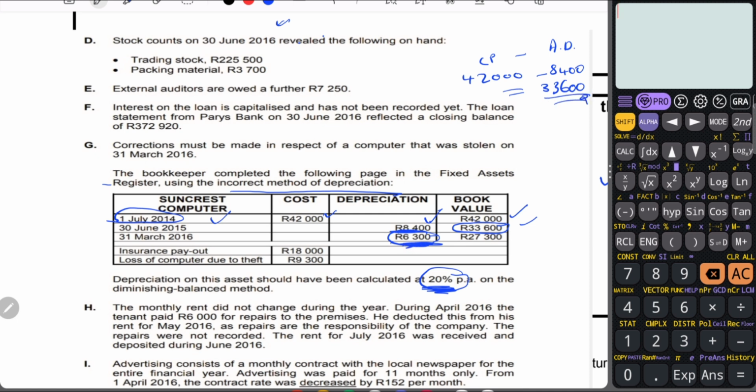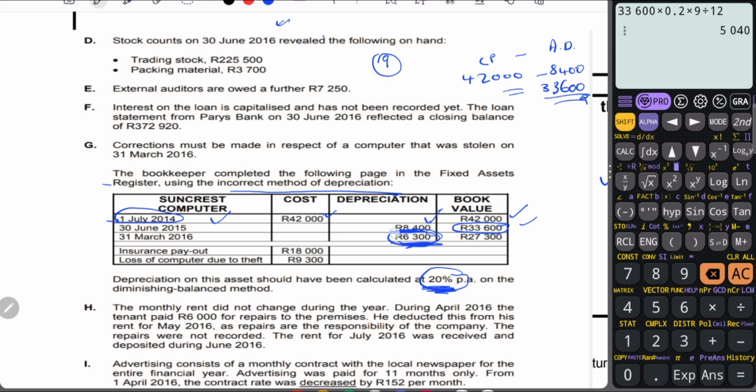But can we prove this amount now? It's going to be 33,600 multiplied by 0.20, which is the rate, multiplied by time. Remember before it was stolen, we used it for 9 months, then multiply by 9 over 12.